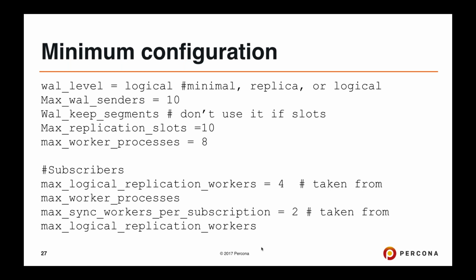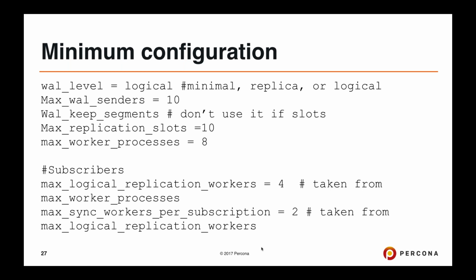Knowing this, I can explain what the variables do. The wal_level needs to be logical. This is the maximum level of wal_level. These three states are the new states in Postgres 10. It can be minimal, replica, or logical.